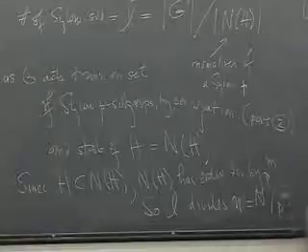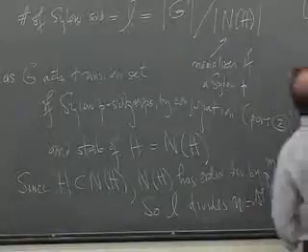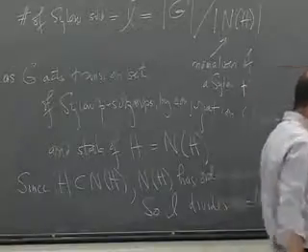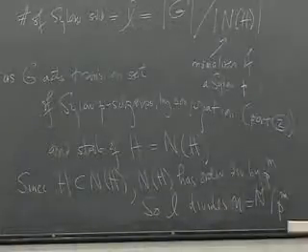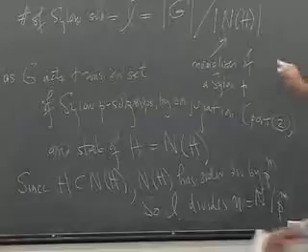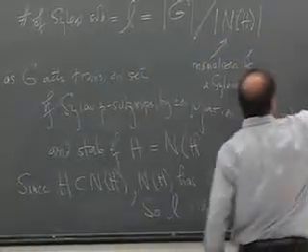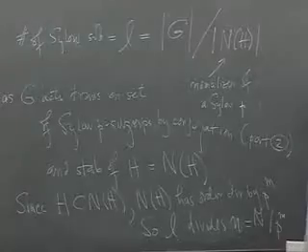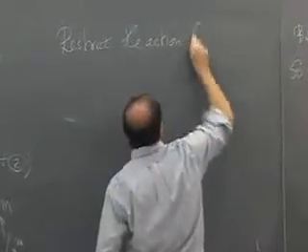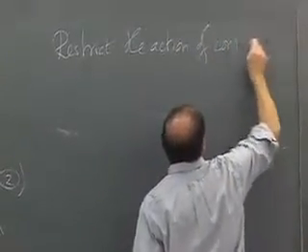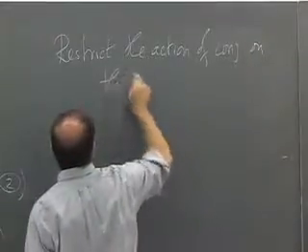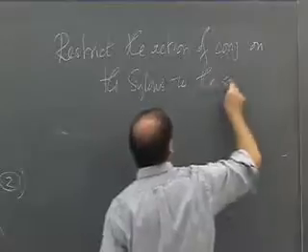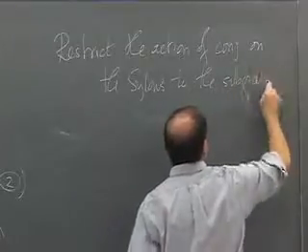Again, this is going to be one of these setting up a G-orbit problem. Now, we know the group acts transitively by conjugation. Restrict the action of conjugation on the Sylows to the subgroup H itself.